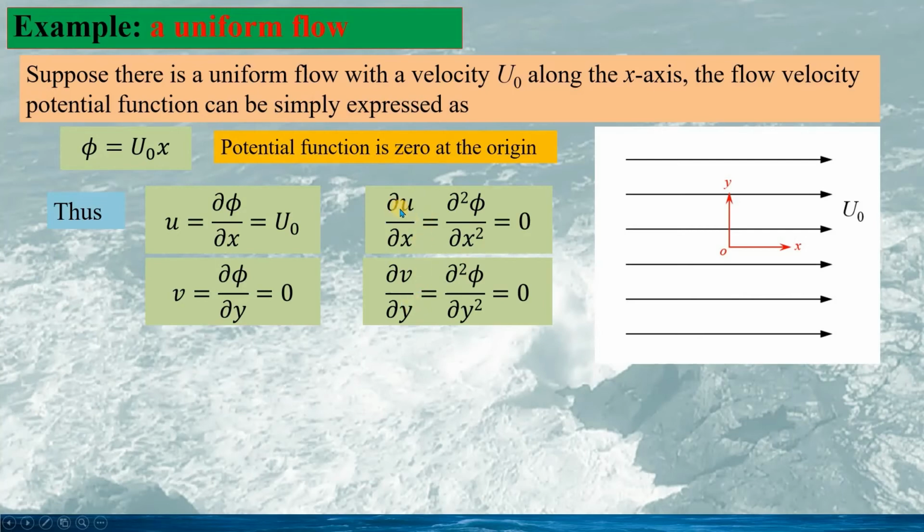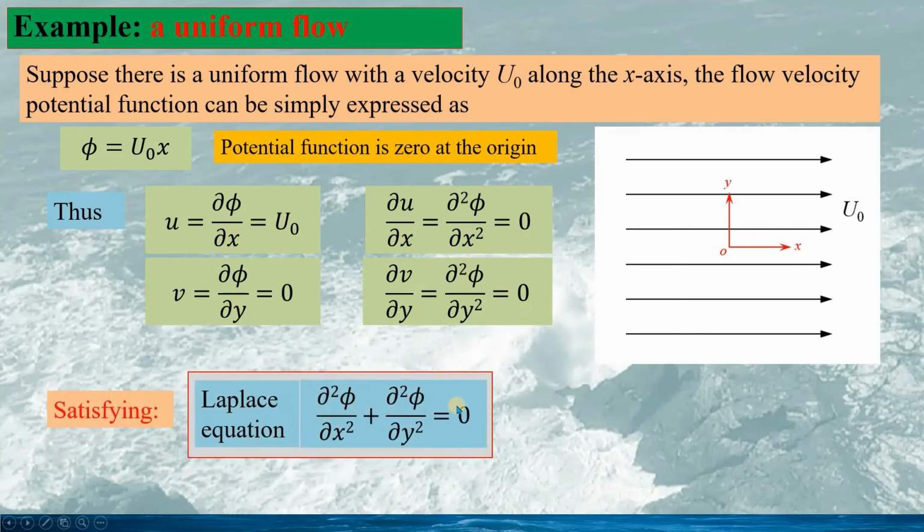Here, the partial differentiation of the velocity component u with regard to x is equivalent to the second order partial differentiation of velocity potential function phi with regard to x. It is 0. And the partial differentiation of v with regard to y is 0 too.